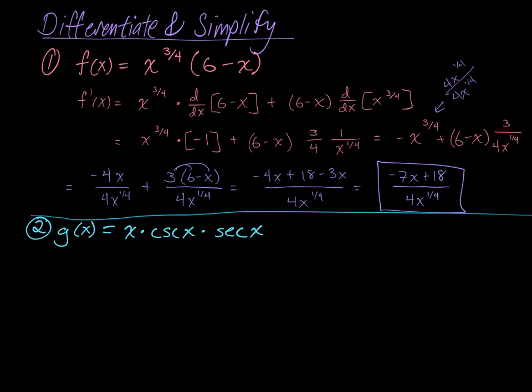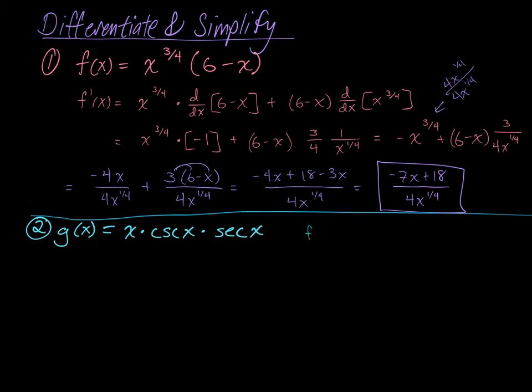Let's take a look at the second example. The second example, you see that we have g of x equals x times cosecant x times secant x. Now, the product rule, as you all know and love by this point, only covers when two functions are being multiplied. There's another way to write this when you have three functions being multiplied.